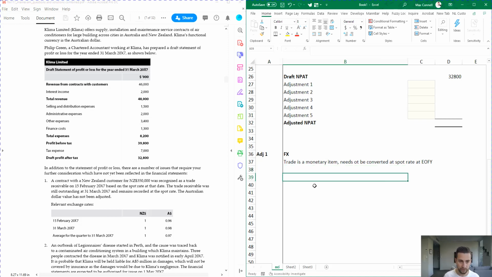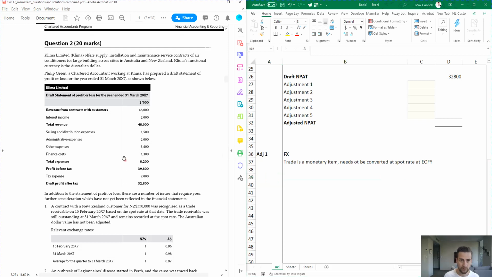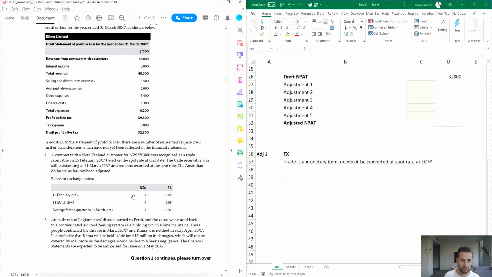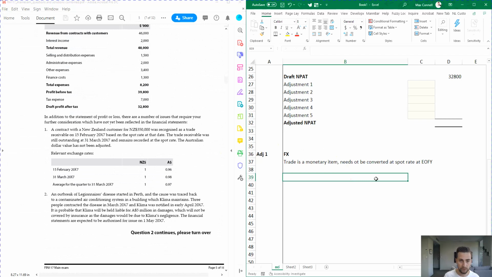Okay, so what they purchased it for was, because the functional currency is Australian dollars, we need to convert it from New Zealand dollars to Australian dollars. So the original recognition that they would have done is 350,000 times 0.96.